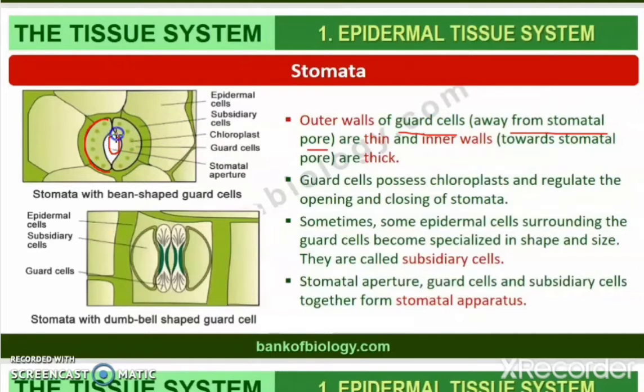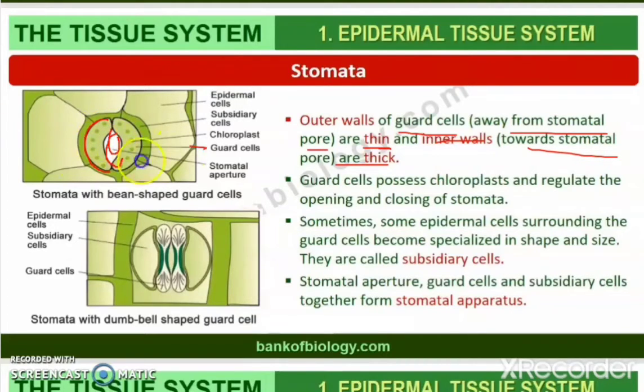When we say away from the stomatal pore, the outer wall is the one that is farther away. Okay, and how are they? They are thin. It is made up of thin cells. It will look thin in appearance, it will not be very thick. And the inner walls, that is towards the stomatal pores, are thick. So this layer will be thick and the outer layer will be thin.